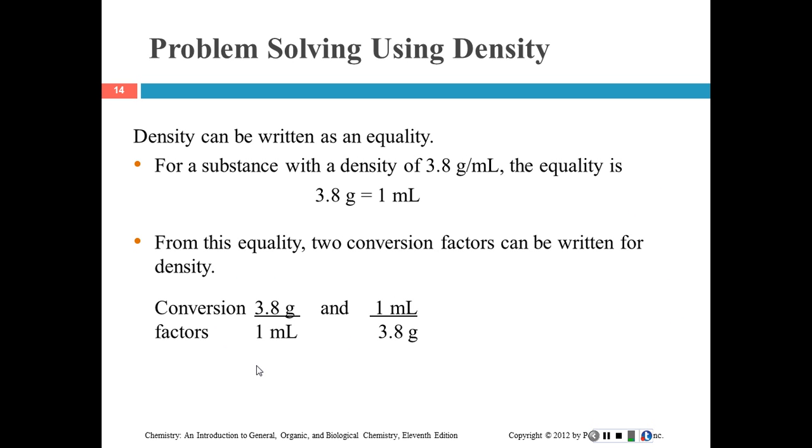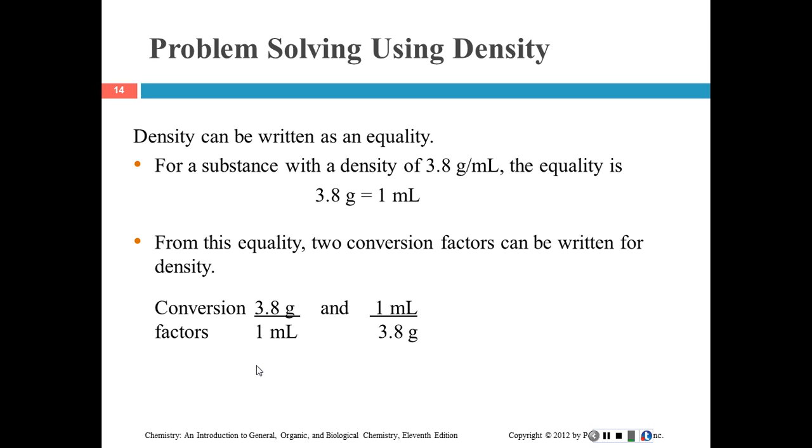So density, now that we can calculate density, we use density as an equality. What it helps us do is to go from volume to mass, or from mass to volume in a problem. Because it's an equality, we know that D equals 3.8 grams per milliliter in this particular one.